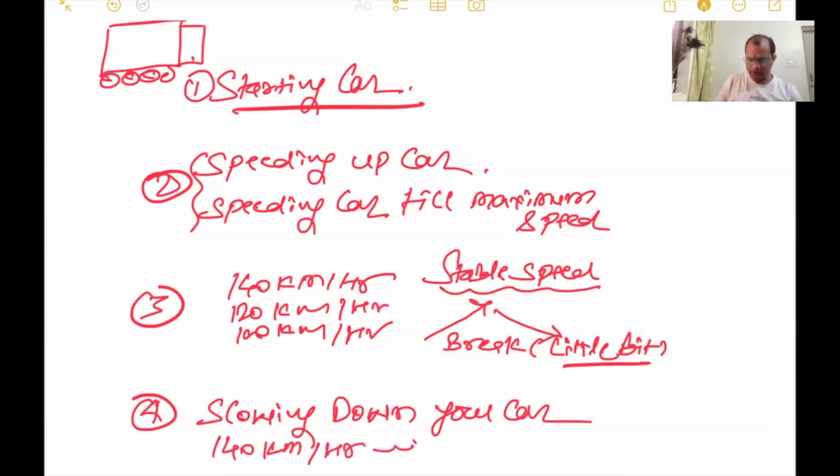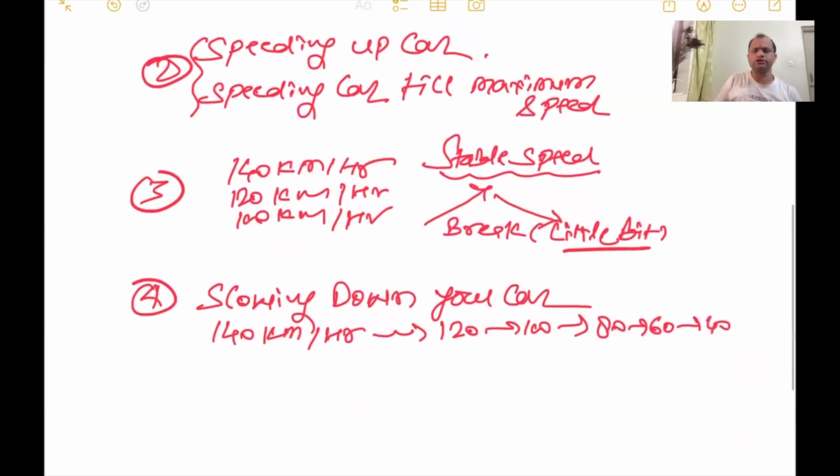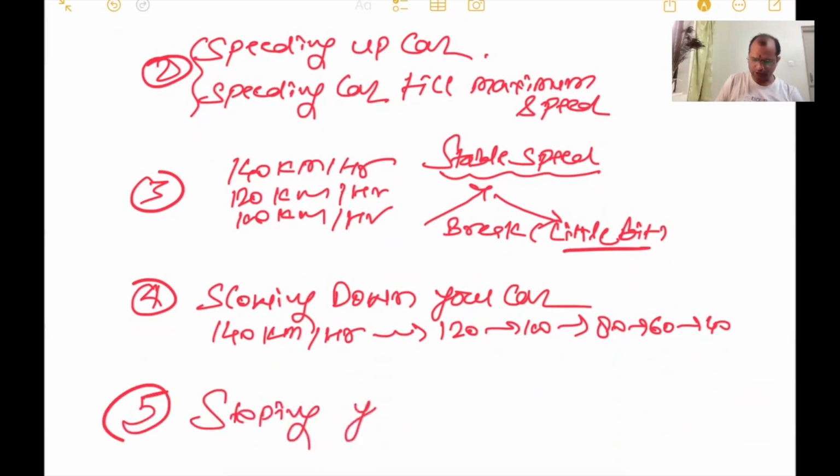Now from here, you are coming to 120, then 100, then 80, slowly 60, 40. So you are reducing the speed, slowing down the car. This is stage number 4. And finally, stopping the car. When you reach your destination, you are stopping your car. This is the completion of the journey.